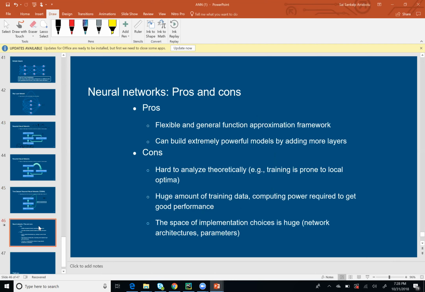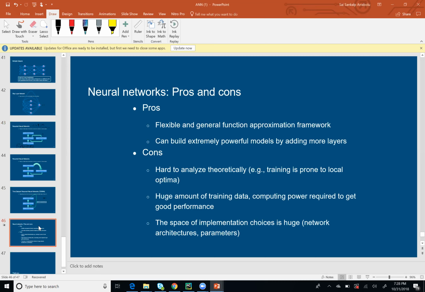All right. If there are no questions, then let's look at some pros and cons of neural networks. First and foremost, they're very flexible. They can approximate any nonlinear equations and so on. They are extremely powerful if you add more and more layers, because more layers increase the complexity of learning. But some of the cons are that the training time is going to be huge, large computational power is required for performance, and it is very difficult to know what each layer is learning.